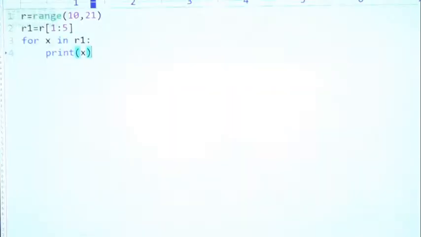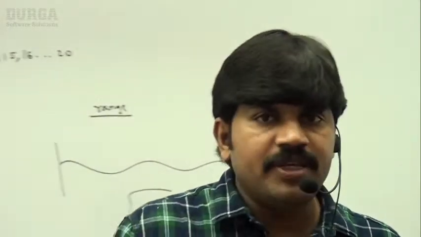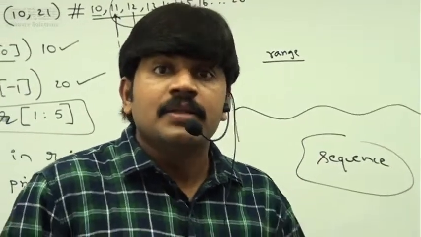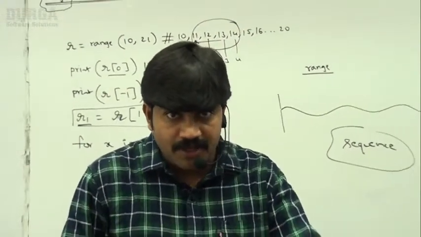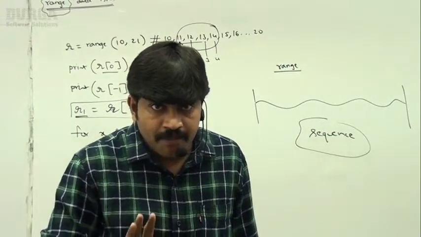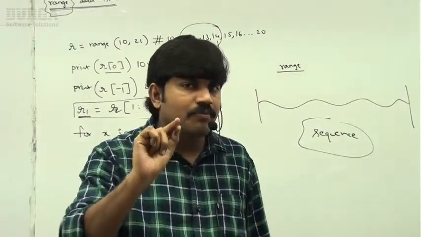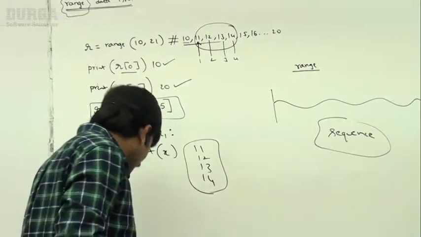What is the answer? 11, 12, 13, 14. We get the same expected answer. So once order is important, obviously the index concept is applicable, and the slicing concept is also applicable. Any doubt up to this? Clear? Next, one more important point you have to be aware of. What is that point?